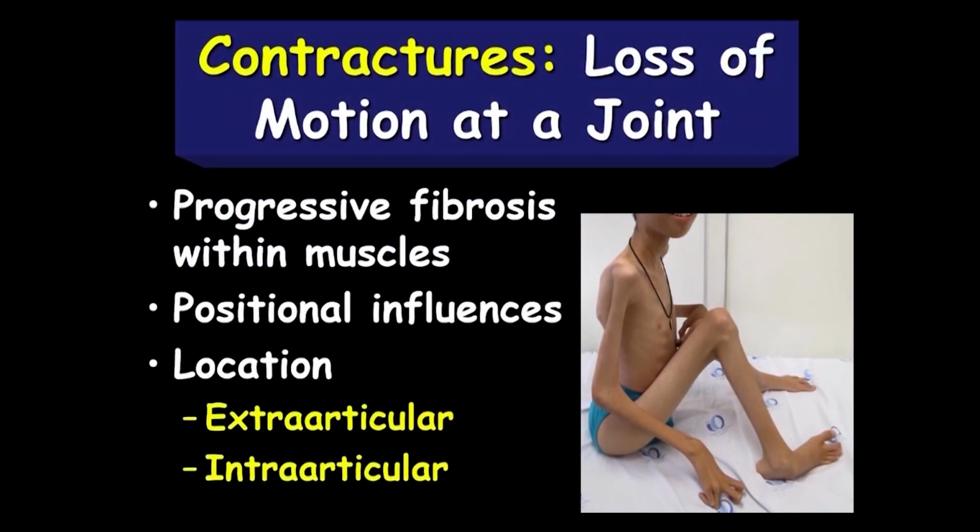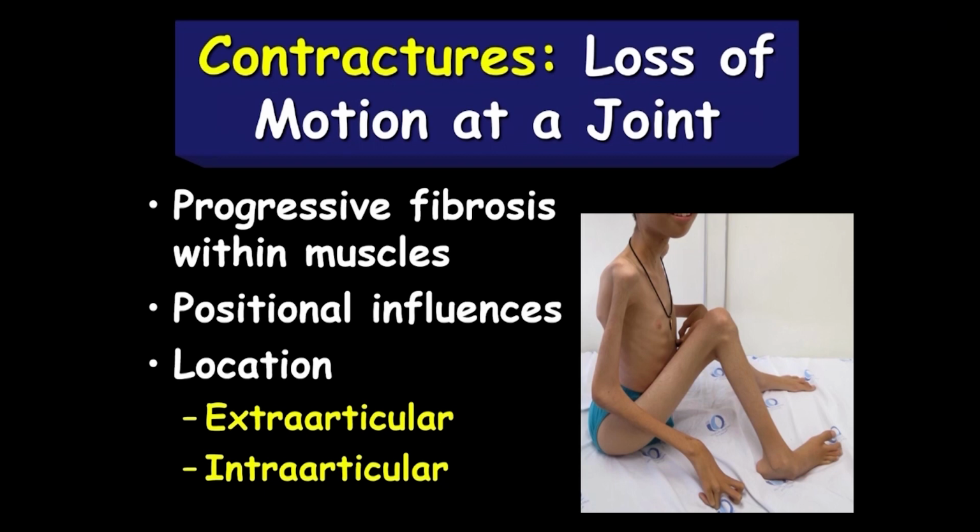Contractures represent loss of motion at a joint, and in this clinical setting involve progressive scarring within the substance of the muscle. Certainly positional influences are important. For example, if you sit in a wheelchair all day with your knee flexed, you're going to be more apt to develop a contracture where you're unable to fully extend your knee.